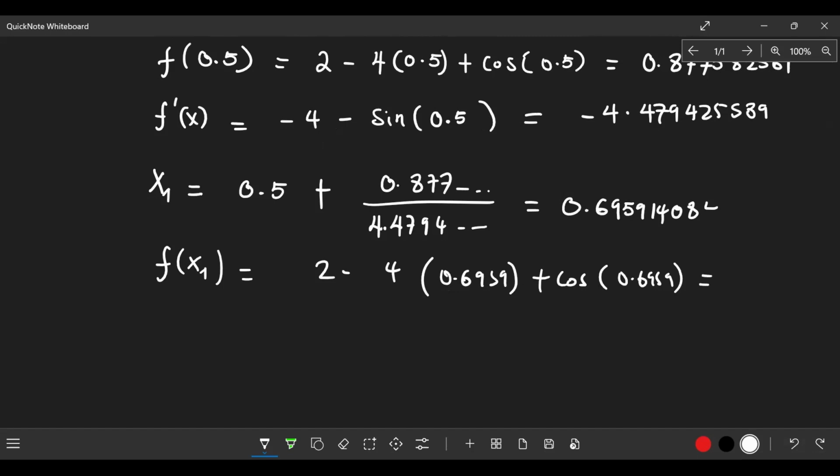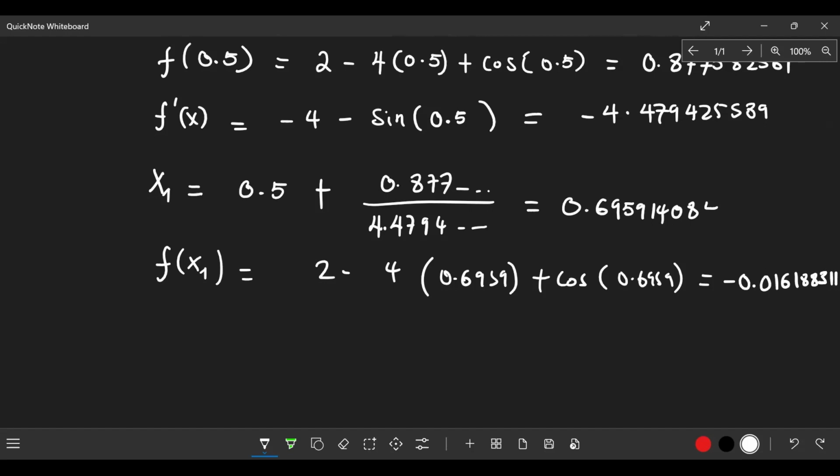So what do you get there? Minus 0.0161, 88, 311.